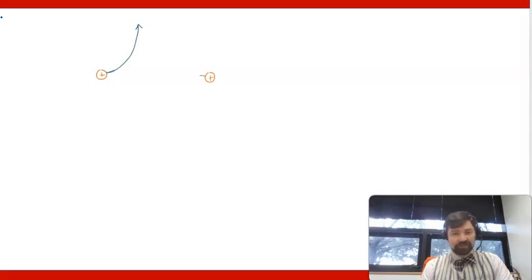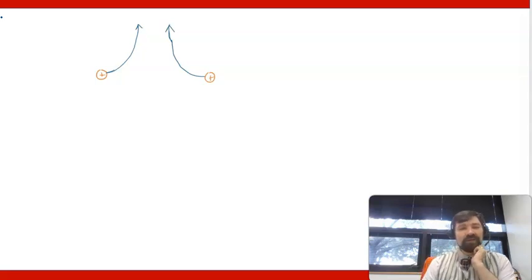And this one does likewise. It kind of bends a bit away from the other charge. So I end up with something like this. And then down here, I should get essentially the same pattern. So there's a symmetry to it.